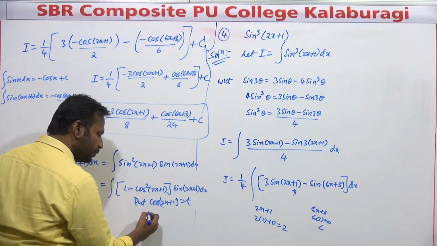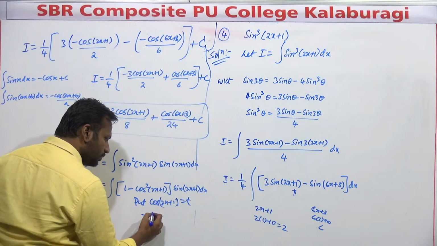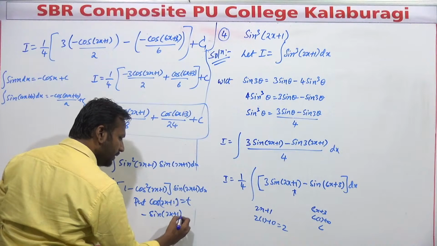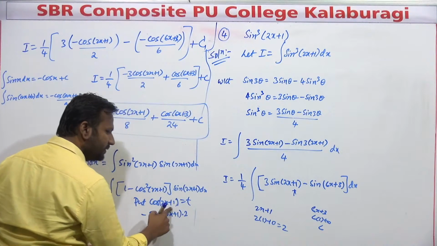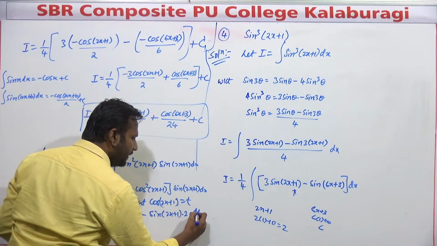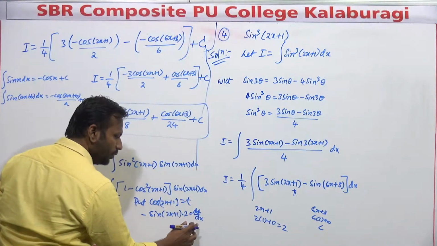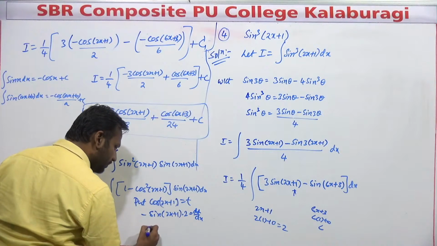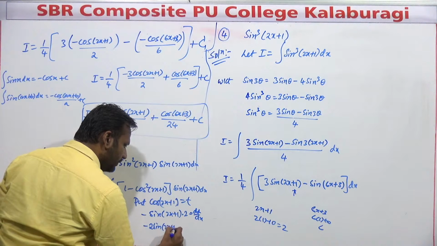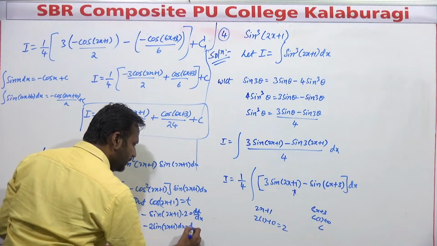What is the differentiation of cos (2x plus 1)? So minus sin (2x plus 1) into 2, by the chain rule, since the differentiation of 2x plus 1 is 2, equals dt by dx. You can cross multiply dx here. What happens? Minus 2 sin (2x plus 1) dx is equal to dt.